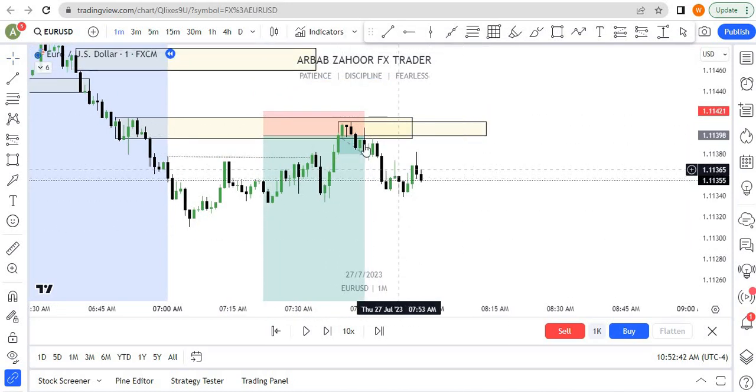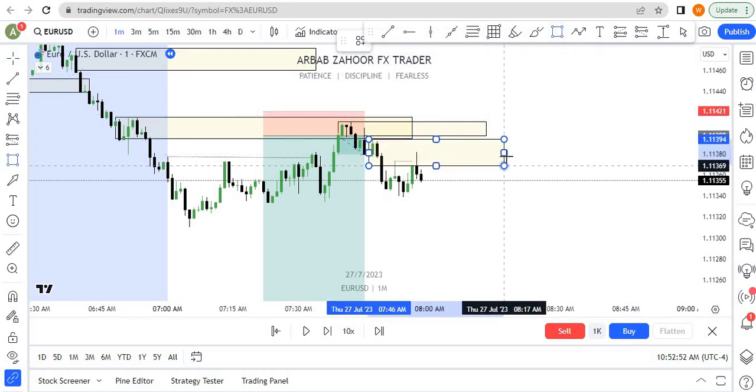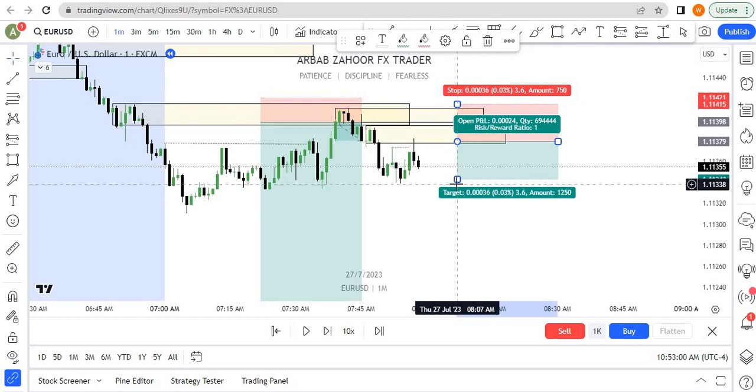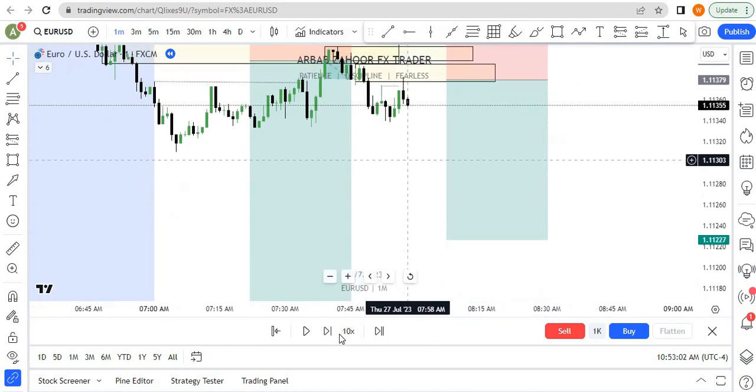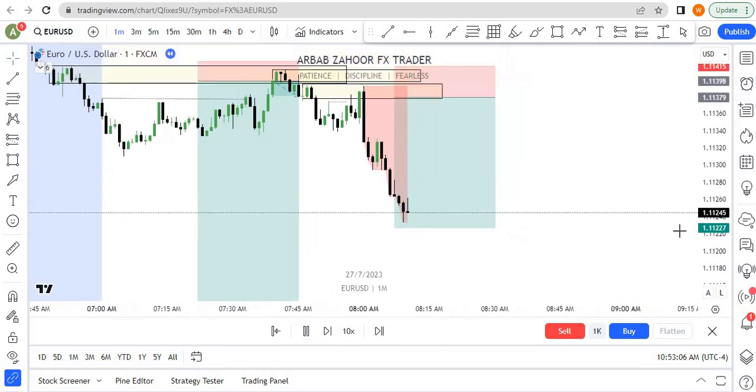What happened? Price came, took out the inducement, and gave you this inducement. Here was the order block, and you again take an entry here, set the same, and you were in the trade.